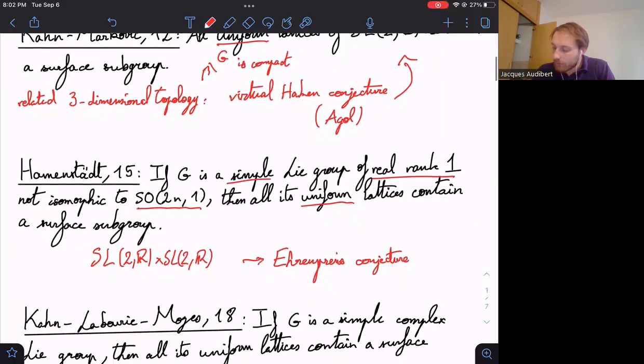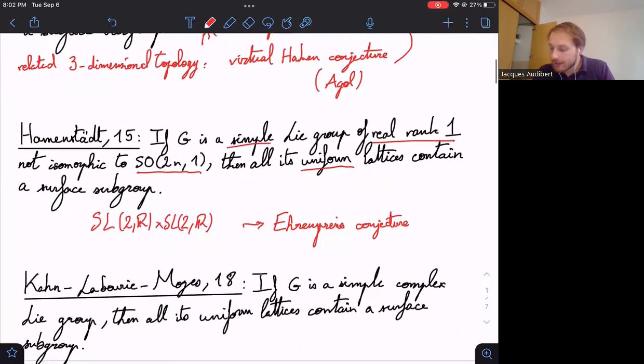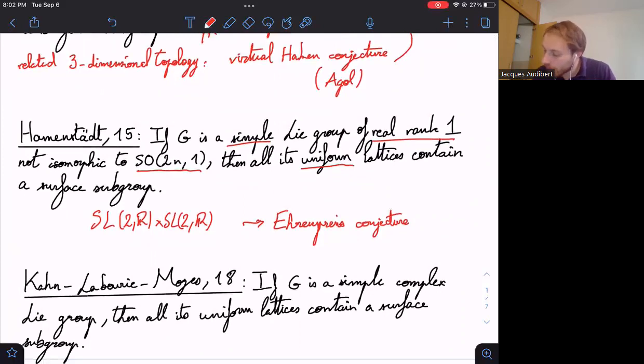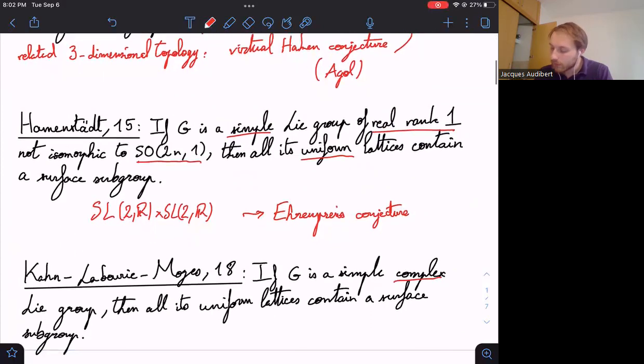More recently, Kahn, Labourie and Mozes in 2018 proved it for simple complex Lie groups, actually for a much wider class, but they have a specific assumption. It's a bit hard to describe, but it covers especially simple complex Lie groups like SL_n(C). And they prove that all uniform lattices contain a surface subgroup.